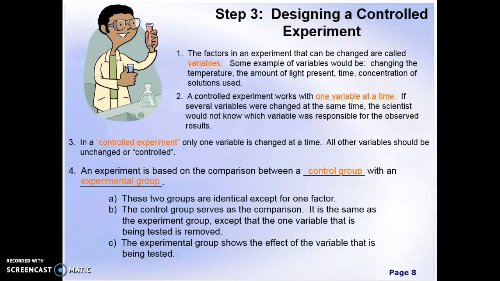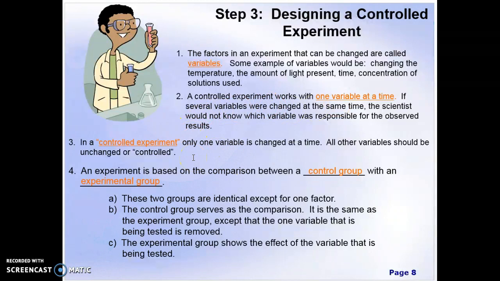I won't know if the height was the reason it changed or if it was the type of ball. You don't know the reason for the change. So when we're doing an experiment, make sure only one variable changes at a time.